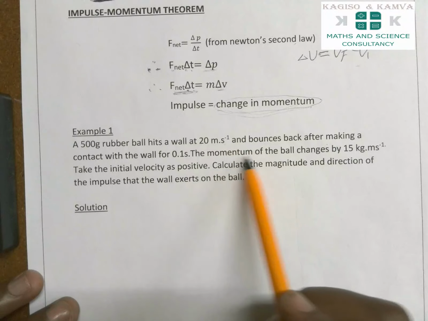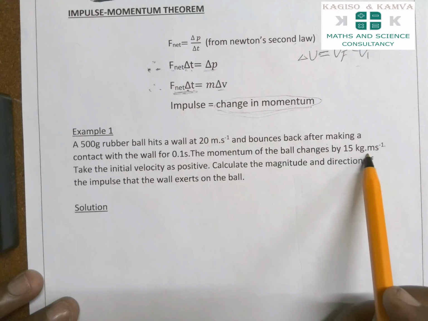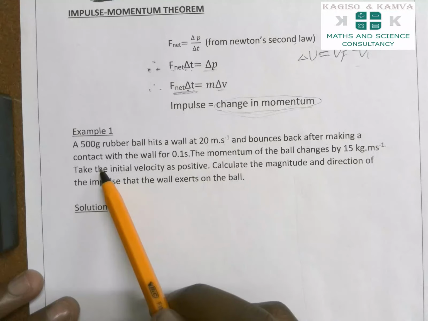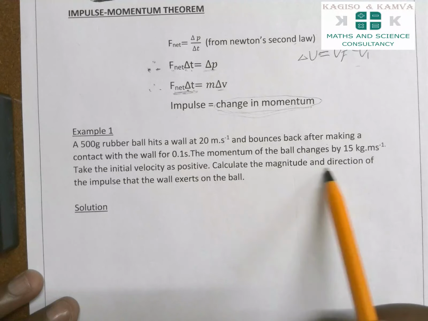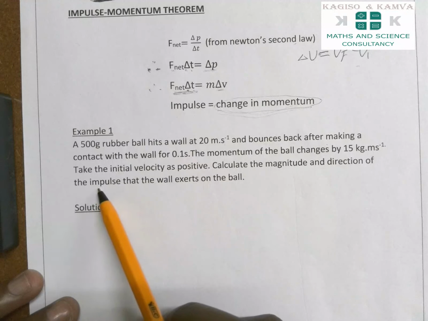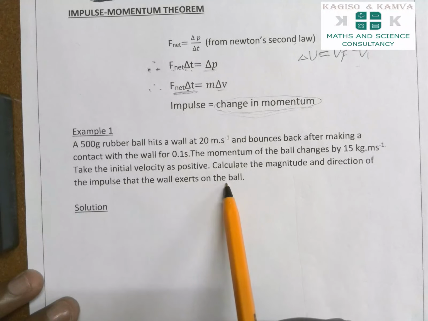The momentum of the ball changes by 15 kg meter per second. Take the initial velocity as positive. Calculate the magnitude and direction of the impulse that the wall exerts on the ball.